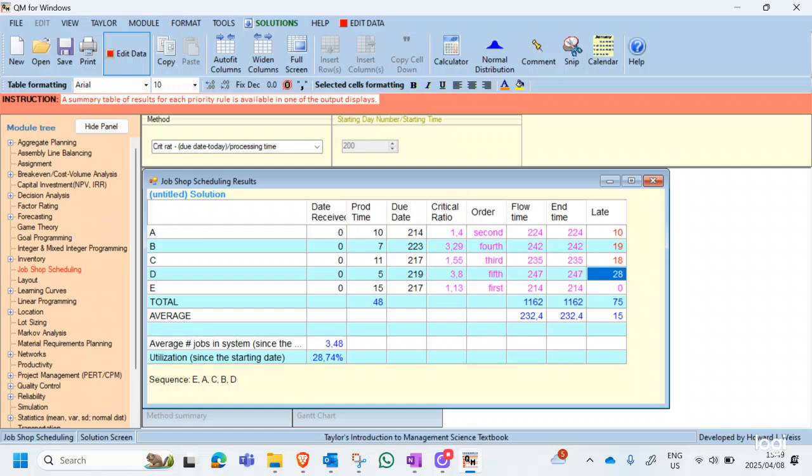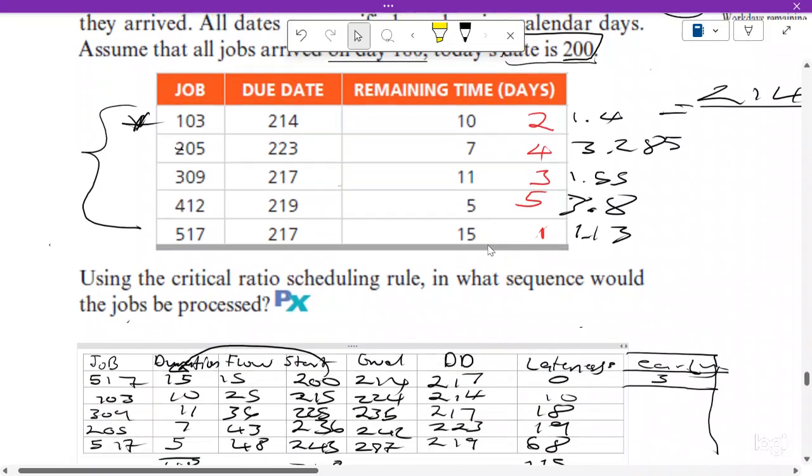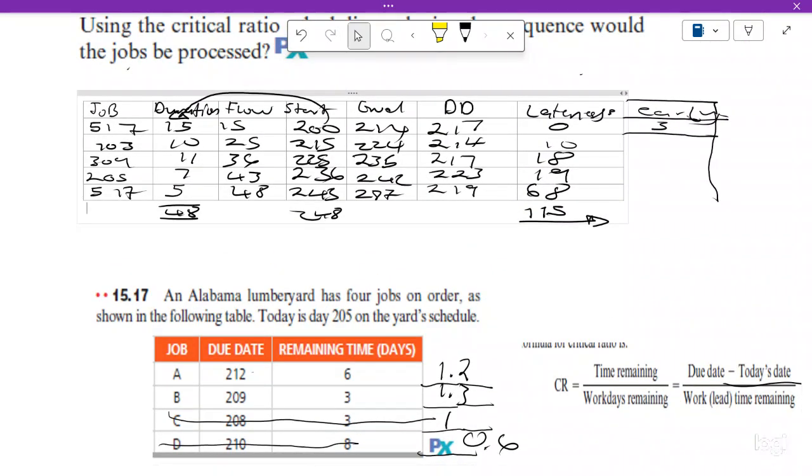Let's first confirm the due date. It's 219, which is fine. And then you see here it says 248, and I wrote 287. So I made a mistake here.